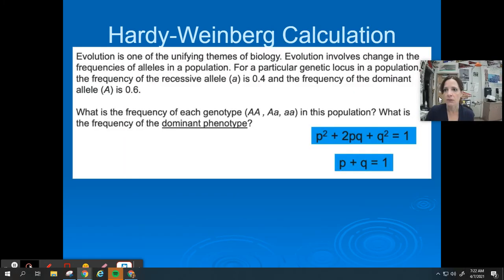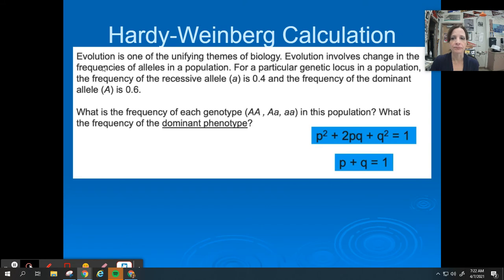Okay, so here's our first practice problem. Evolution involves change in frequencies. For a particular gene locus, and that just means location, in a population, the frequency of the recessive allele, little a, is 0.4, and the frequency of the dominant allele is 0.6.